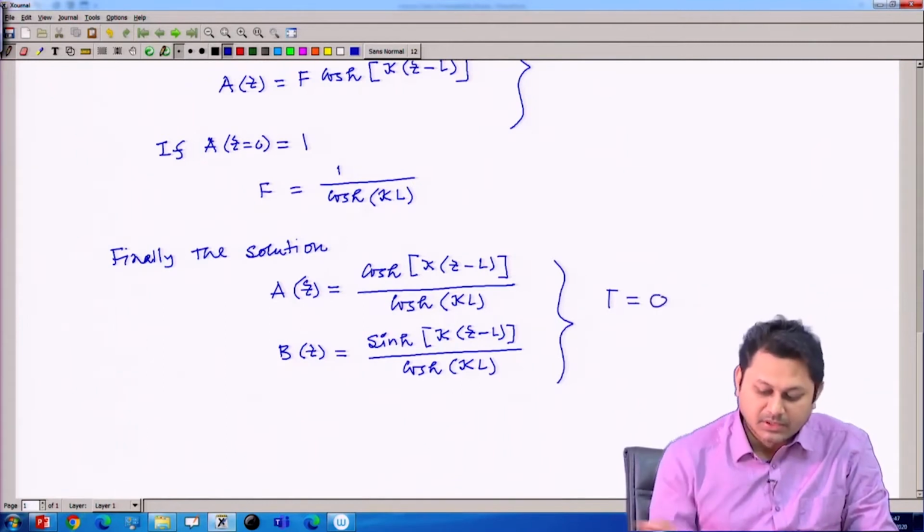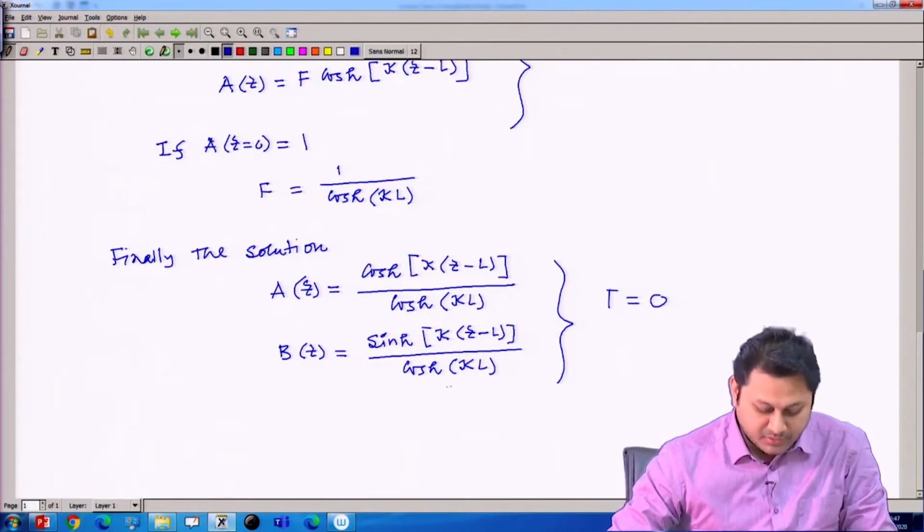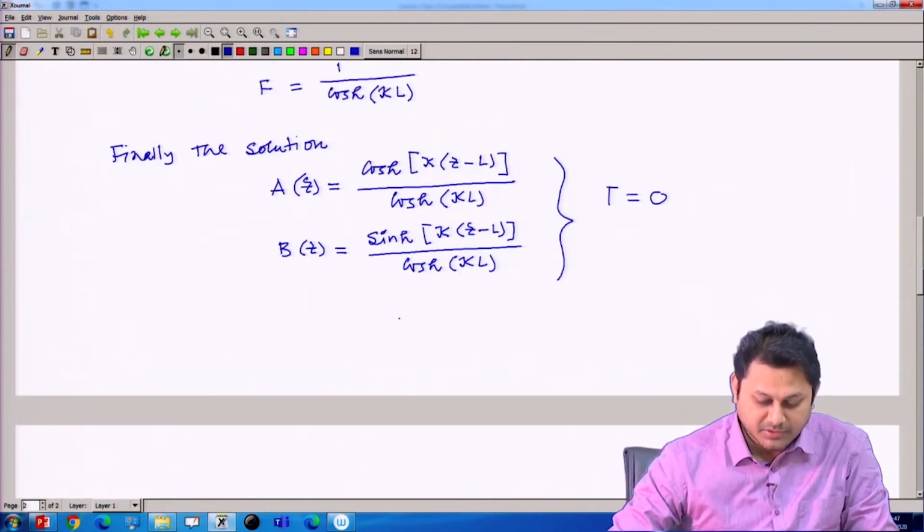You need to remember these things. Today we are going to calculate what the case is when gamma is not equal to 0.